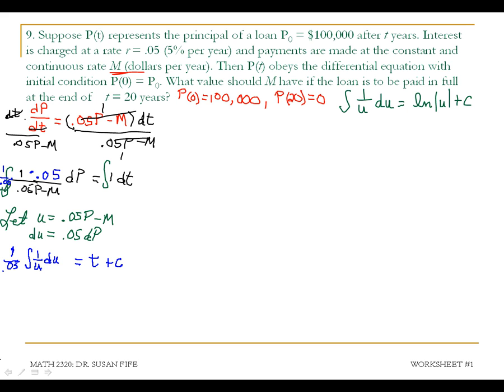So back to the left side, when you integrate this 1 over u, you get the natural log of u, and now in place of the u, I'm going to put my 0.05P minus m.